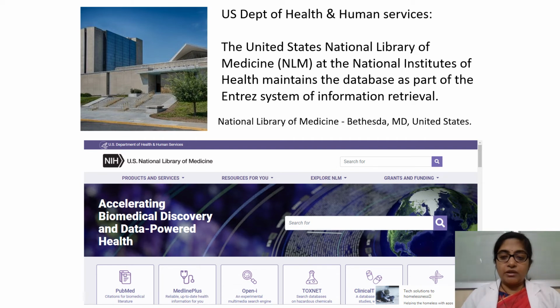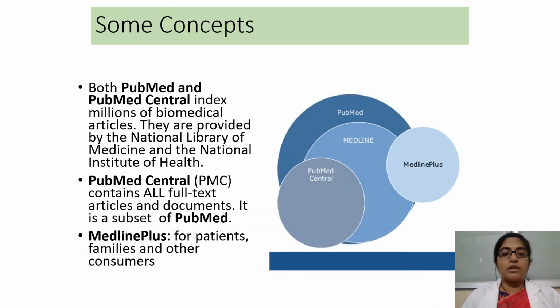We very frequently encounter this word, so I thought of explaining it to you. Now some concepts we need to understand clearly. Both PubMed and PubMed Central index millions of biomedical articles. They are provided by the National Library of Medicine and the National Institutes of Health. PubMed Central contains all full text articles and documents. It is a subset of PubMed.